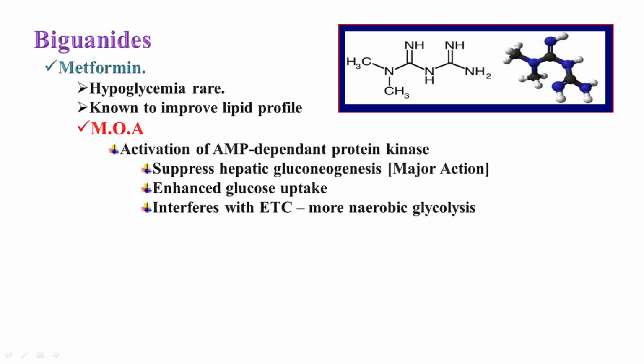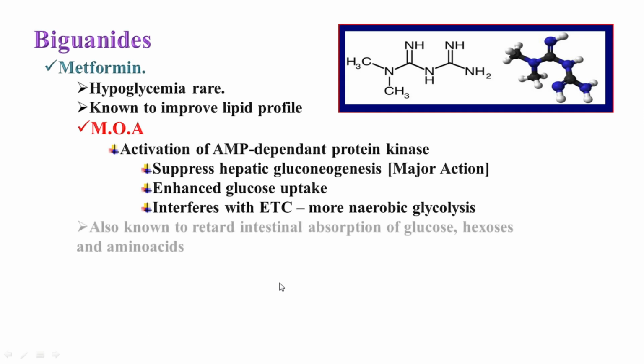Aerobic glycolysis gives around 36 to 38 ATP molecules. Anaerobic gives only 2. So now for X number of ATPs, you're going to require 18 times more glucose molecules, because 2 and 36 is like 18 times different, right? I hope you're getting it. So by shifting the metabolism temporarily to an anaerobic kind of system, glucose utilization is improved. So if the glucose utilization improves, then what will happen?